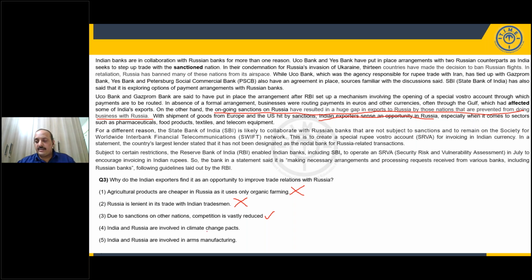India and Russia are involved in climate change pacts. That's nowhere covered. So that gets eliminated. India and Russia are involved in arms manufacture. Again, that's not covered anywhere. So my answer has to be option number 3. That as other countries are not able to participate, there is a drop in the competition, and that is what India is trying to take advantage of.